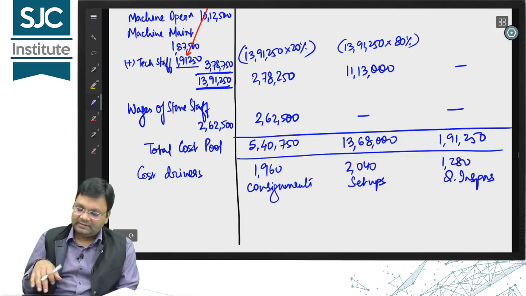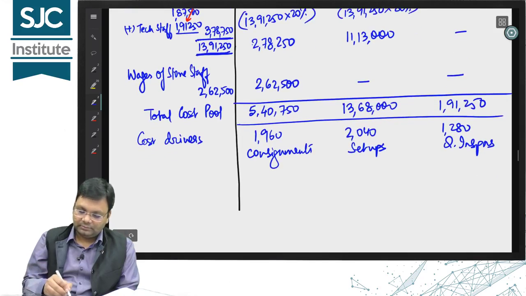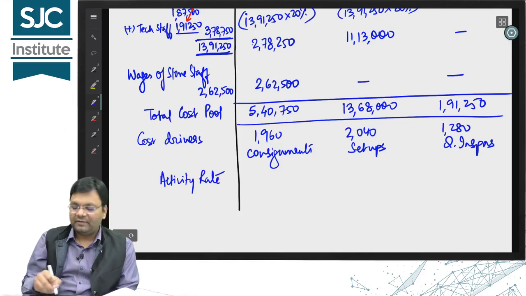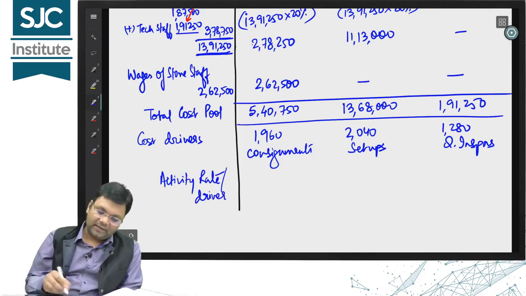Now from this you divide and find out the activity rate. Please tell me the answers of all three. Activity rate per driver.